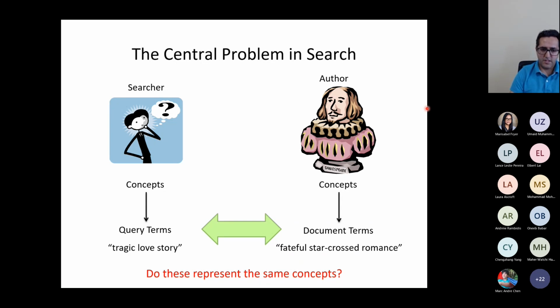For example, you search for tragic love story. Well, Shakespeare does not use such cheap words. He will use faithful star-crossed romance. Although both of you are thinking about the same thing, or the concepts are the same, the words are different.